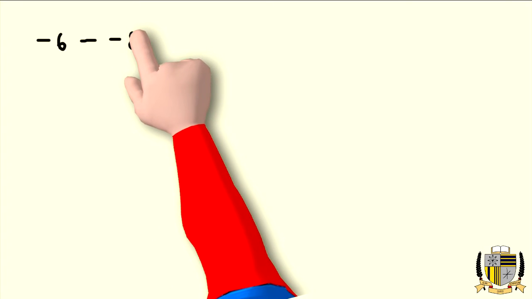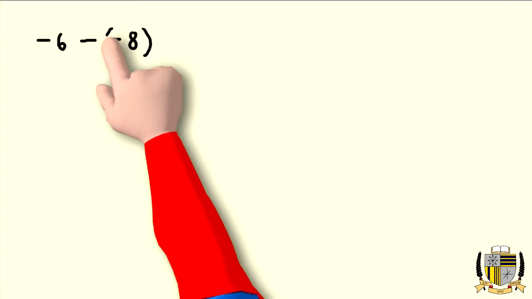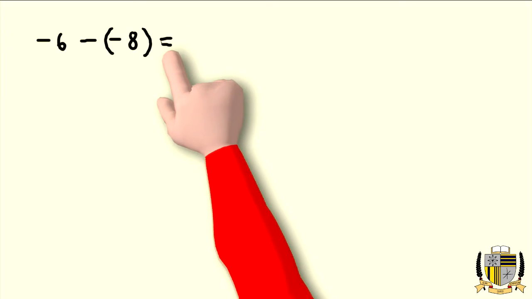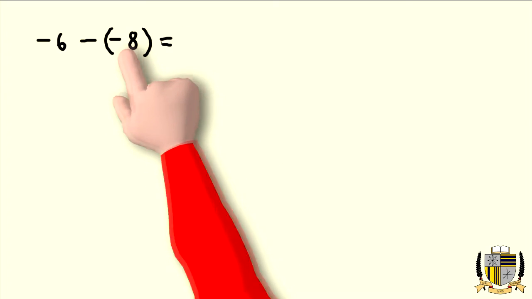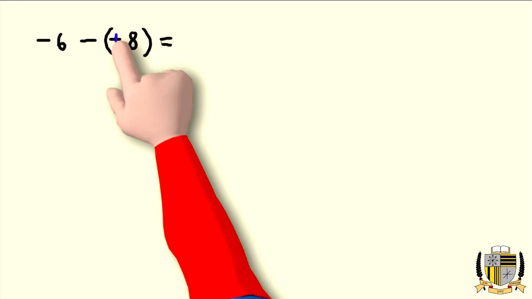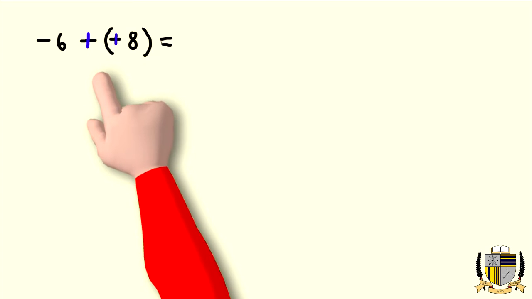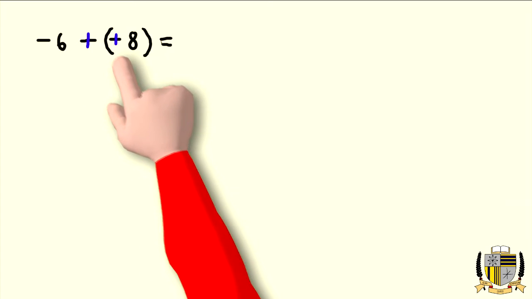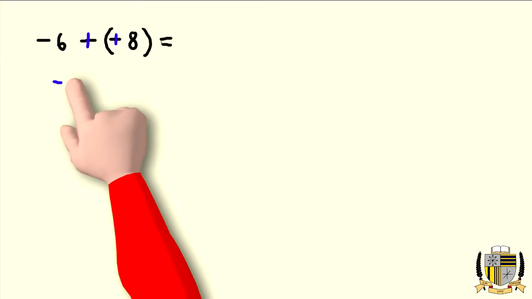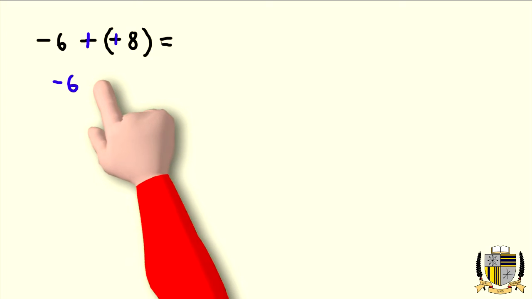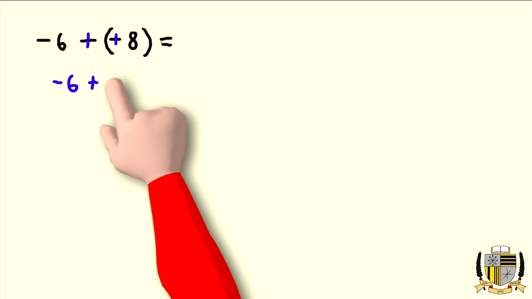We can have a -6 minus a negative 8. And what does that equal? Well, I'm going to turn this sign into its opposite sign. And then this main minus is going to become a plus, pretty much the opposite. And now I have a negative 6 plus a positive 8.